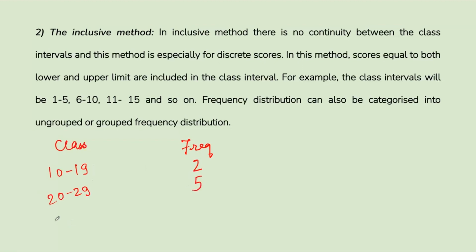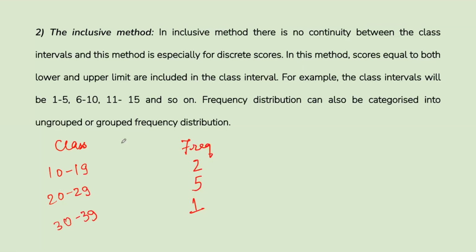Here the class is 30 to 39 and the corresponding frequency is 1. These are the inclusive classes. Why are they inclusive classes? Because this 20 is not getting repeated in the previous class. So you have to convert this inclusive class into an exclusive class.